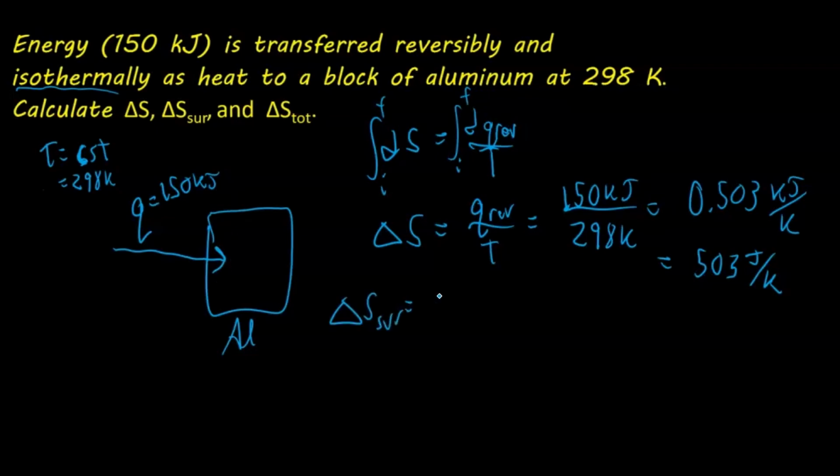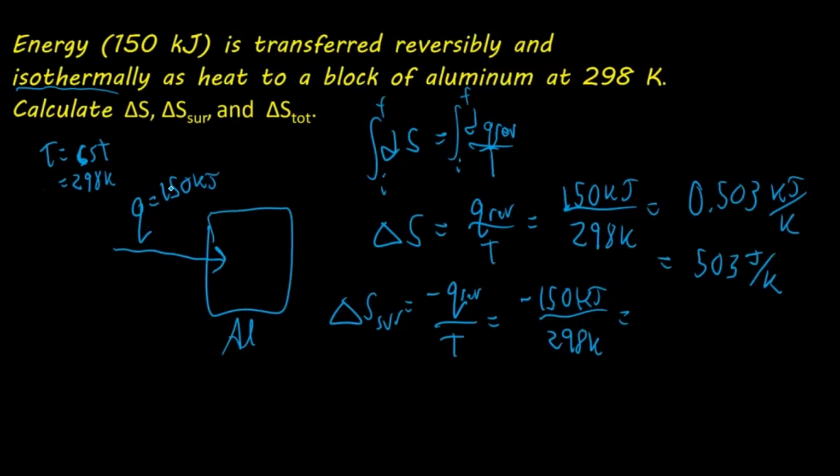What about the surroundings? Well, it's equal to negative Q of the system over T. And this is a reversible process as well. We don't really need to write it here because this pertains to the surroundings, but there we go. Negative 150 kilojoules over 298 Kelvin, and it's negative because the surroundings are losing energy.